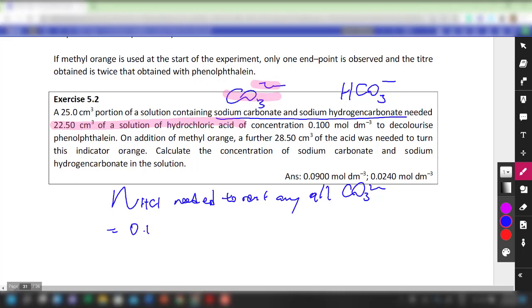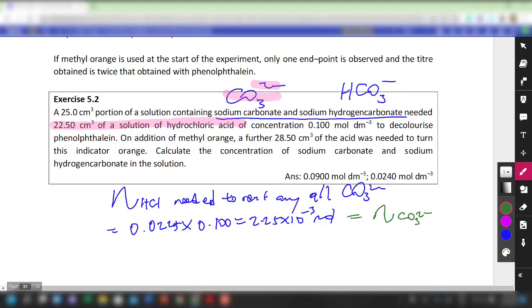Sorry, the pen is not working very well. So I'm going to get 2.25 times 10 to the power minus 3 moles. And this is also the number of moles of carbonates present.